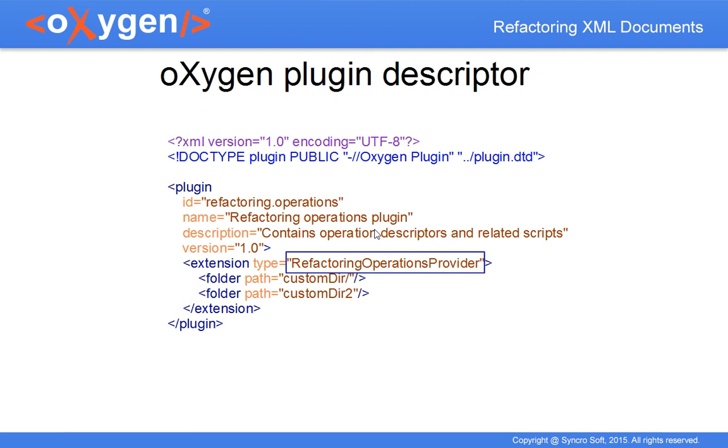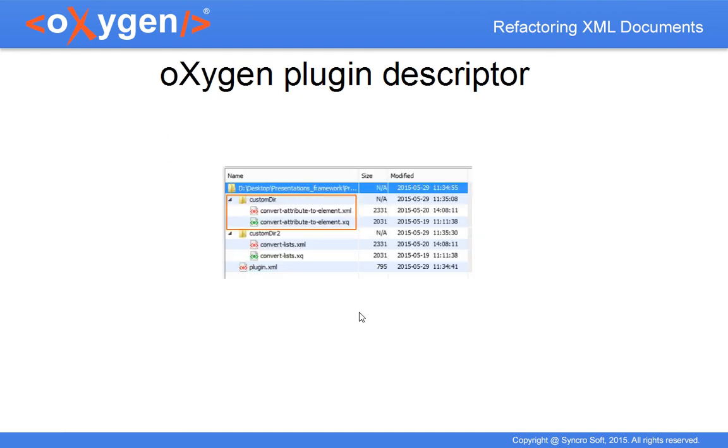Each plugin has a descriptor file. You can see such a descriptor file in this slide. The point of interest here is the type attribute and the fact that it defines a couple of directories. These directories contain XML refactoring operations, like I've presented, an XQuery file together with an XML descriptor.